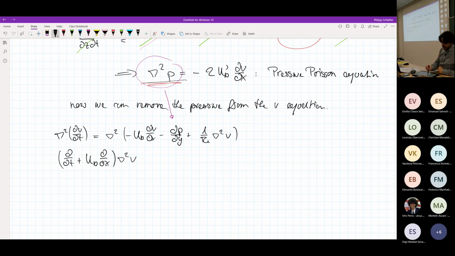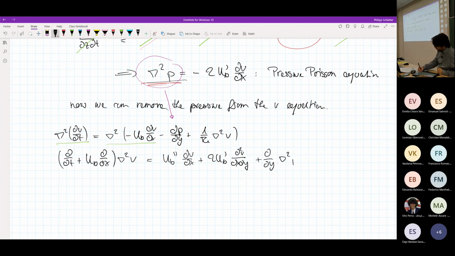That's essentially taking this term plus this term together on the left side, and on the right side I have everything else left, which is ub double prime dv dx plus 2 ub prime d squared v dx dy plus d/dy of nabla squared p minus 1 over Reynolds nabla squared nabla squared v being 0.